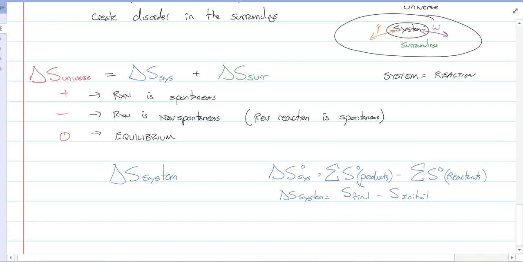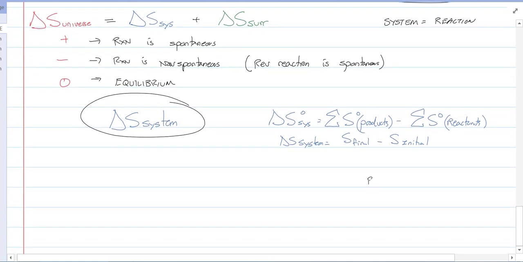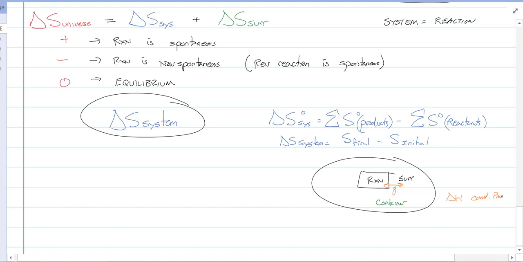Now, we have this system here. There's two things that can happen. If I look at a reaction, that's my reaction, and these are my surroundings. The reaction can transfer heat to the container. The surroundings could be the container. We're going to use delta H here because we're going to assume constant pressure. So we use delta H for our energy transfer at constant pressure.